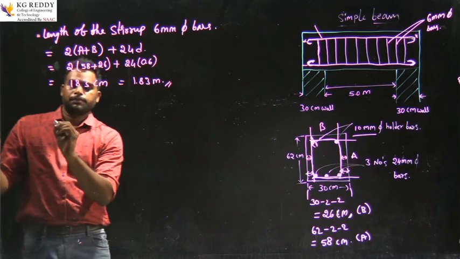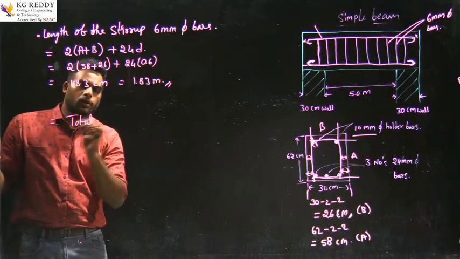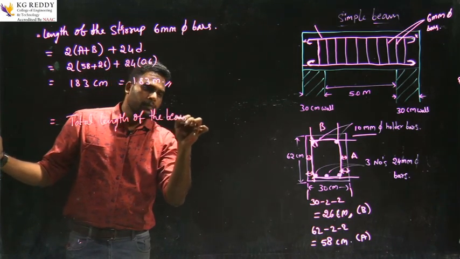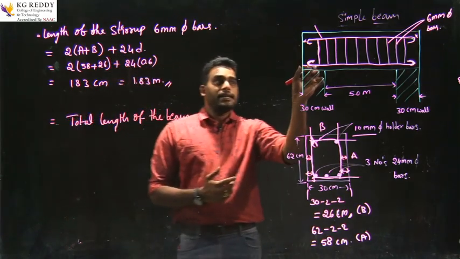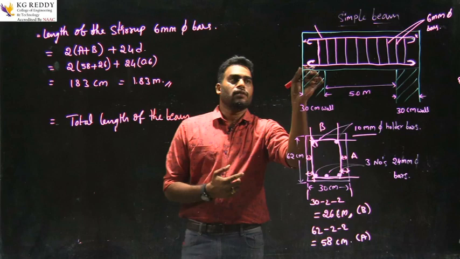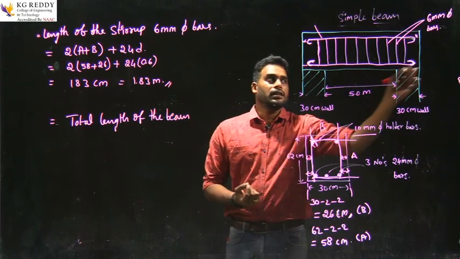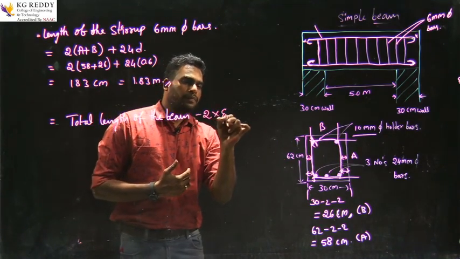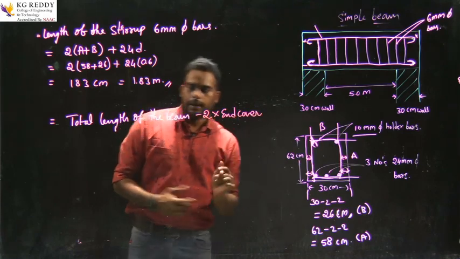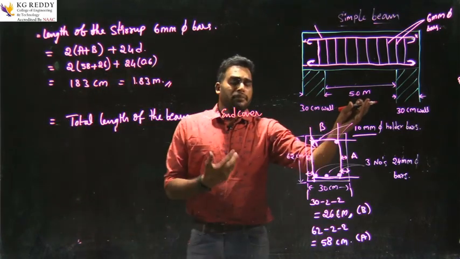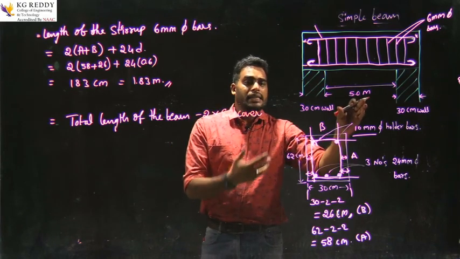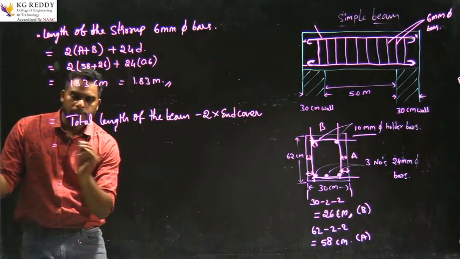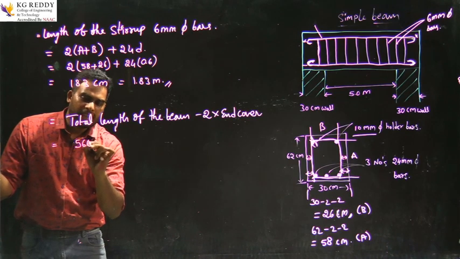The total length of the beam is 5 meters, so converted into centimeters that is 500 centimeters plus 30 plus 30, total 560 centimeters.